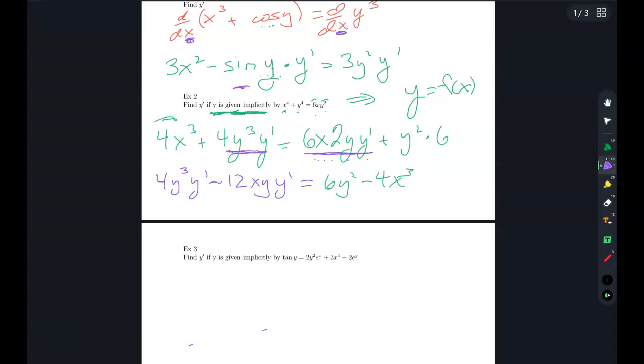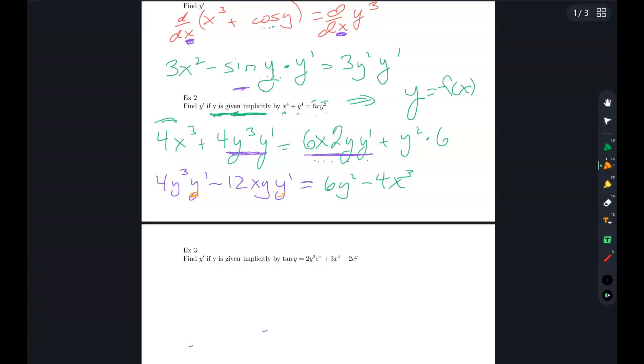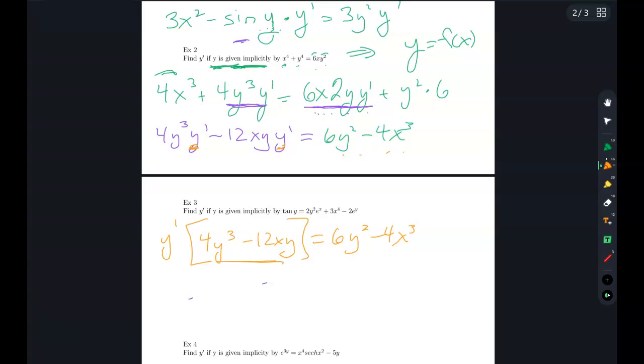Then it's time to factor the y prime out of these two terms. I get 4y cubed minus 12xy, and this side just carries along. Then I divide through by this ugly stuff. So I get y prime is 6y squared minus 4x cubed over 4y cubed minus 12xy, and we're done.